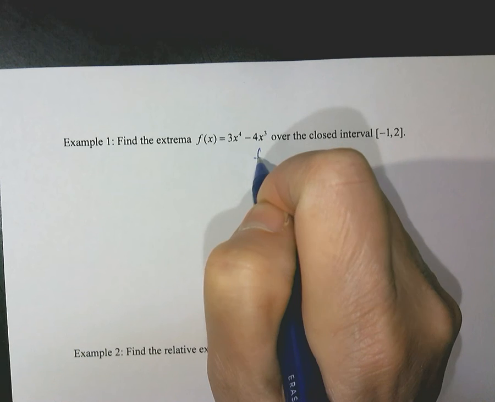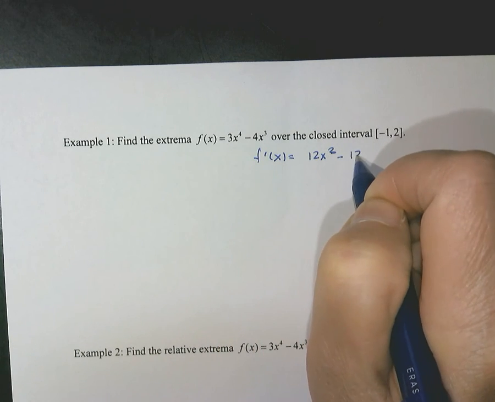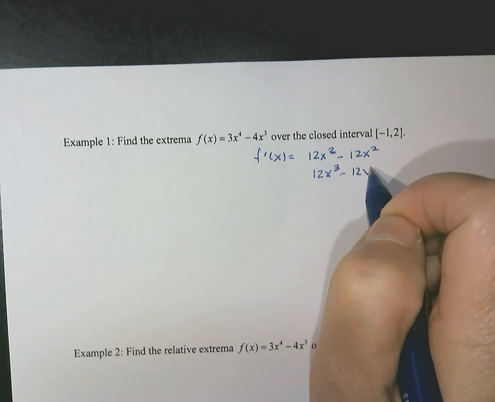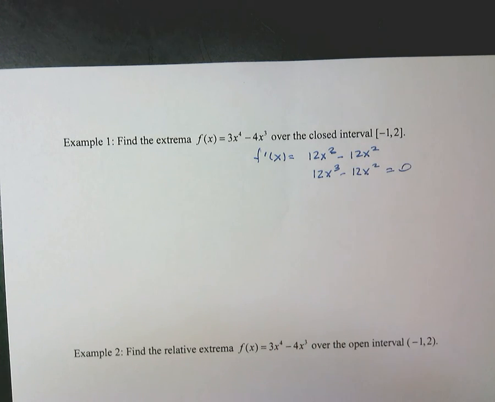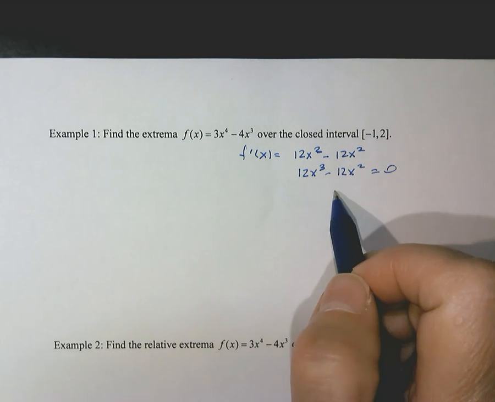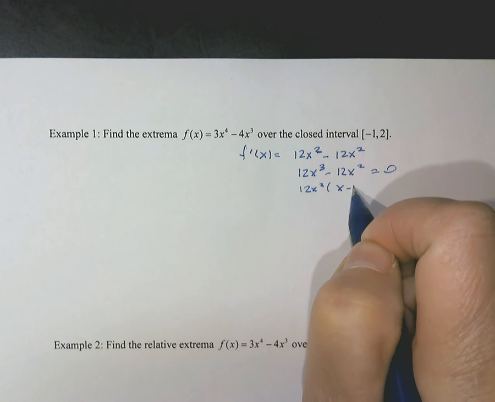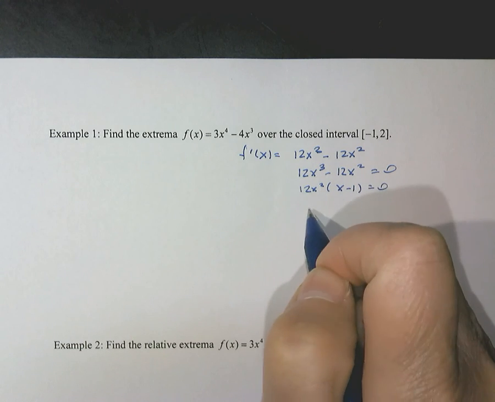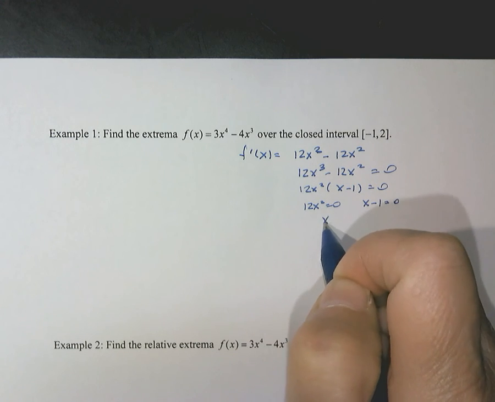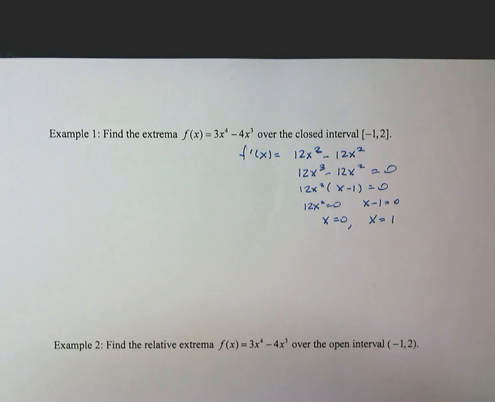So I have f prime of x equals 12x cubed minus 12x squared. I set that equal to 0 to look for the critical numbers. I can factor out a 12x squared, and I get x minus 1. So x is equal to 0 and x is equal to 1. Those are my critical numbers.